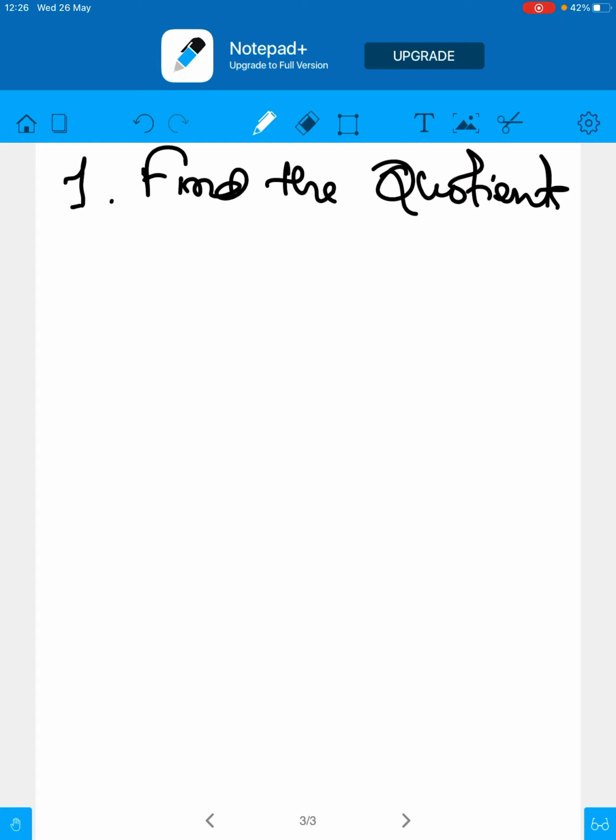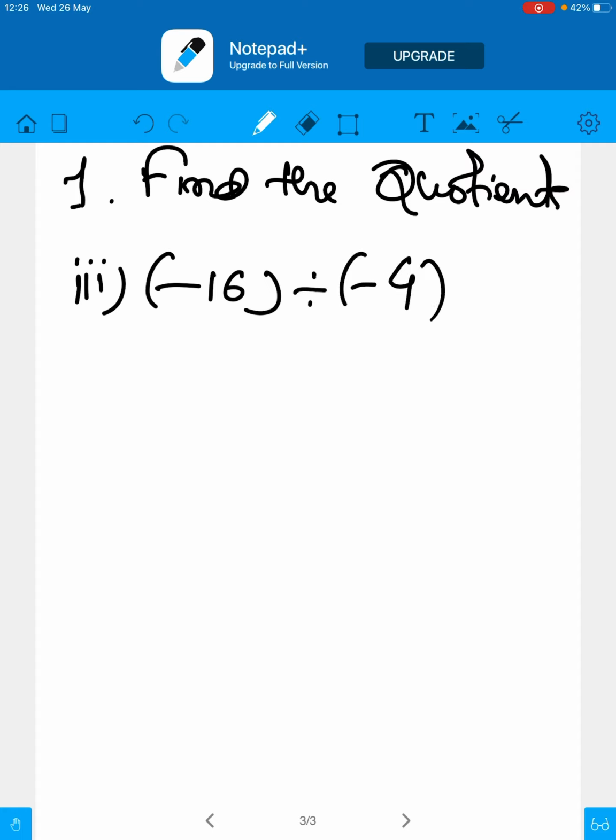I will do question number 3. What they have given is minus 16 divided by minus 4. Now, we know that 16 divided by 4 is equal to what? Like this you solve.